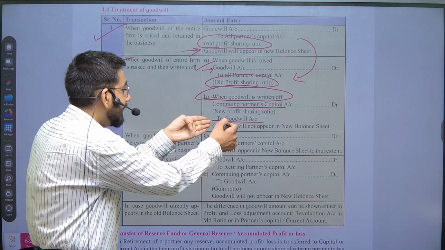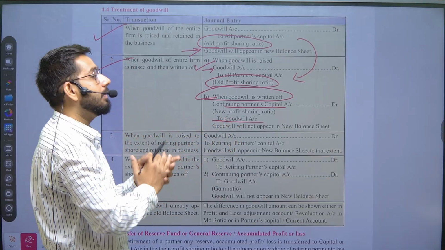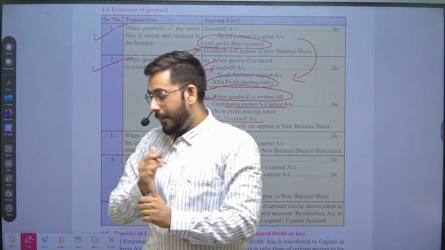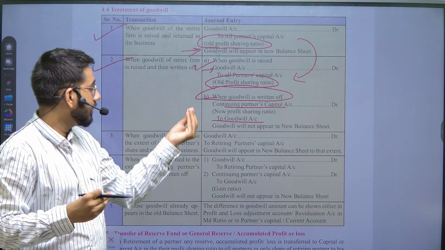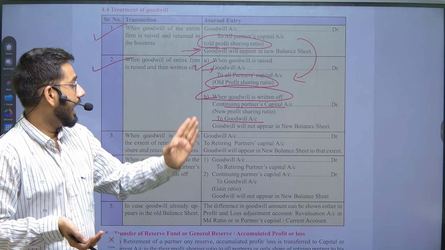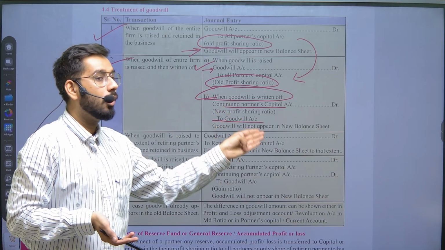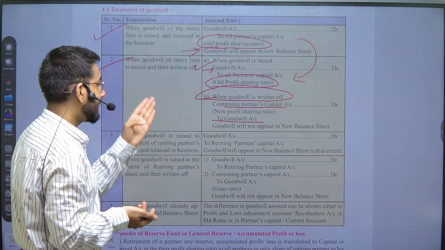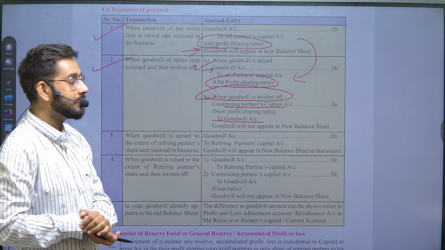That's why in this second case, goodwill will be shown on the debit side of partners capital account, and partners bear a loss, because they depreciate or write off the goodwill. So this is the second case of the goodwill.